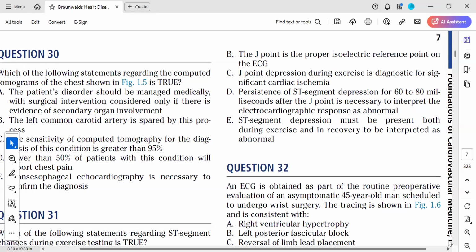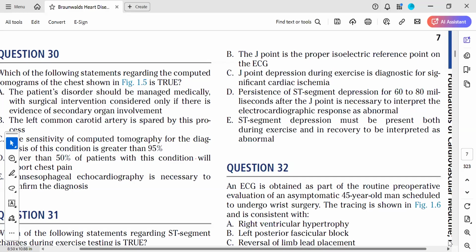Also, on the question of J point depression being diagnostic of significant cardiac ischemia, no. On many machines, the ST measurement is set at about 60 to 80 milliseconds after the J point.